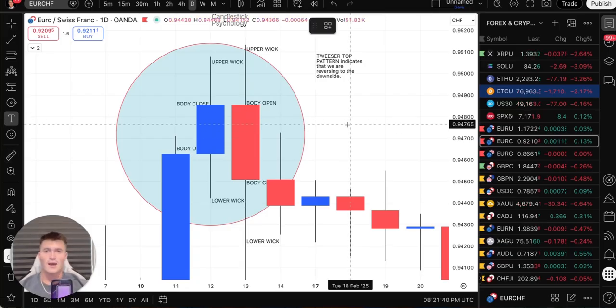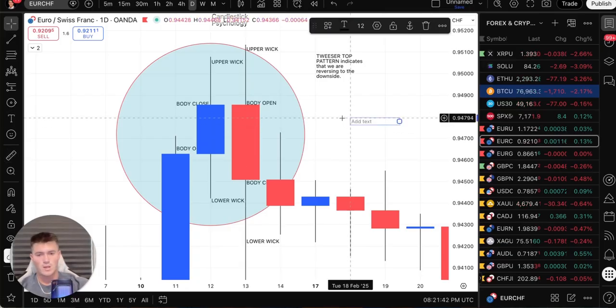So if we have a long upper wick, this means that sellers have rejected higher prices.